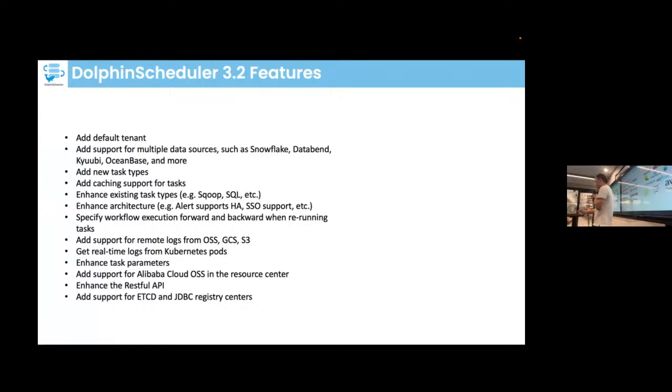And DolphinScheduler integrates with many big data and machine learning frameworks, and also with many cloud platforms like AWS. If you want to know more about DolphinScheduler, you can check the link here. Okay, that's all for my sharing. Thank you.